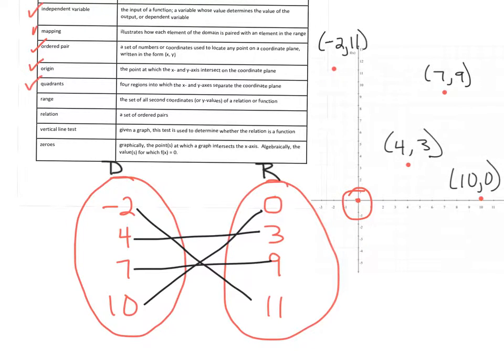Okay, so moving on, we already did quadrants, and so now we need to look at the range. So we talked about the range, and the range is just all the values that y can be in that relation or function. So it's the values along the y-axis, or the second coordinate in each ordered pair.